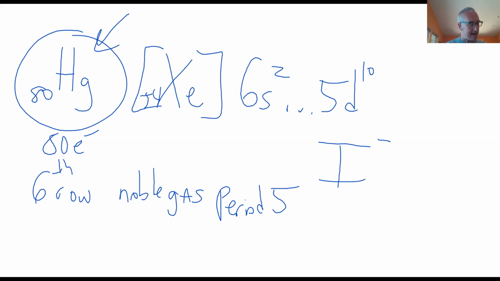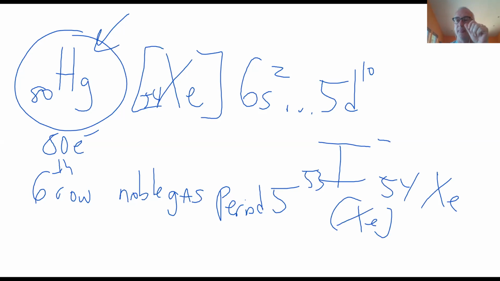ion. Iodine is 53 electrons, and iodide ion is 54, which is exactly the same number as xenon. So if we were going to give the noble gas configuration for iodide ion, we couldn't just say xenon. We have to go back to the one smaller than it, which would be krypton, which has 36 electrons, and start from there and go all the way.